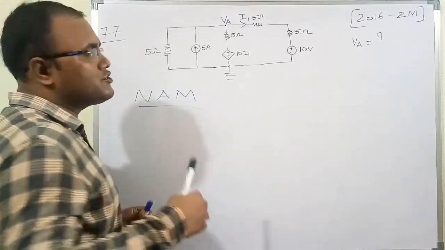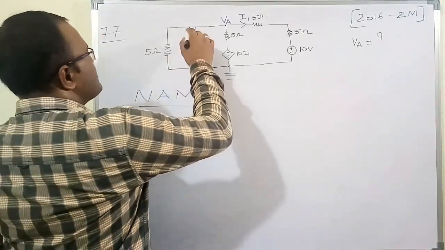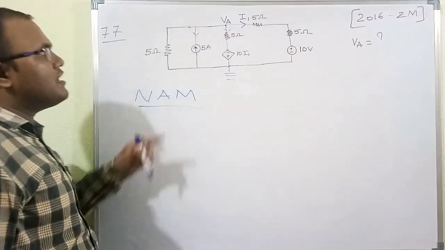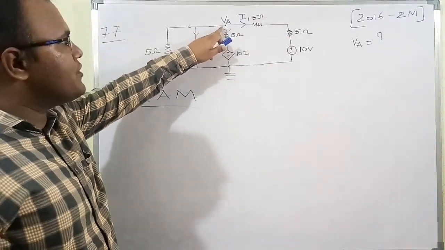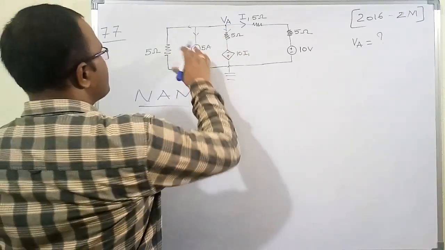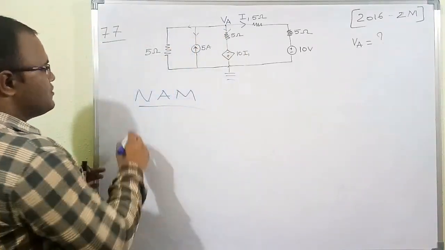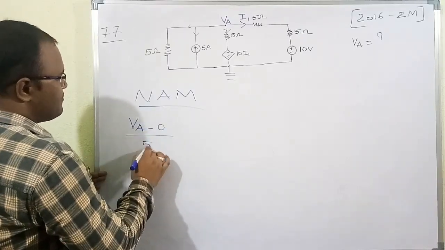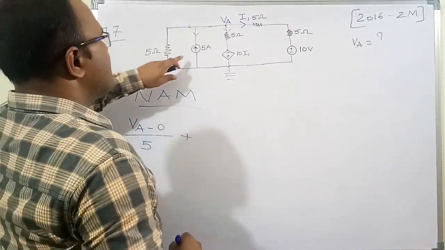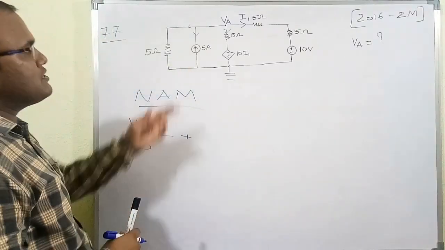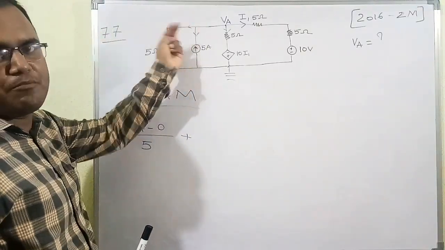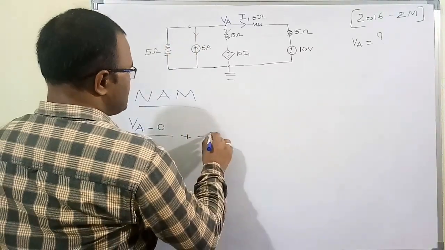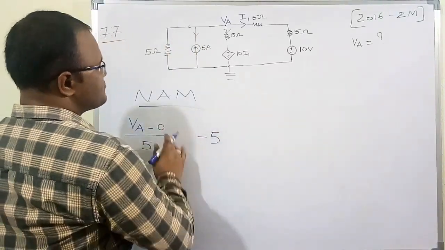Let me assume that all the currents are leaving the junction or node A. So the current in the 5 ohm is (VA minus 0) by 5, plus the current in the current source, which is going inside the junction, but we need the current going out of the junction, so it will be minus 5. Then we have to write plus.